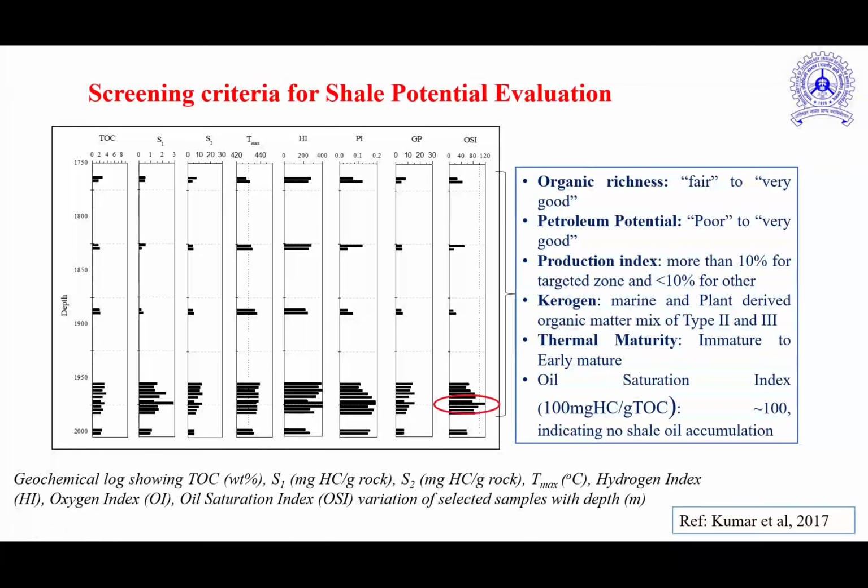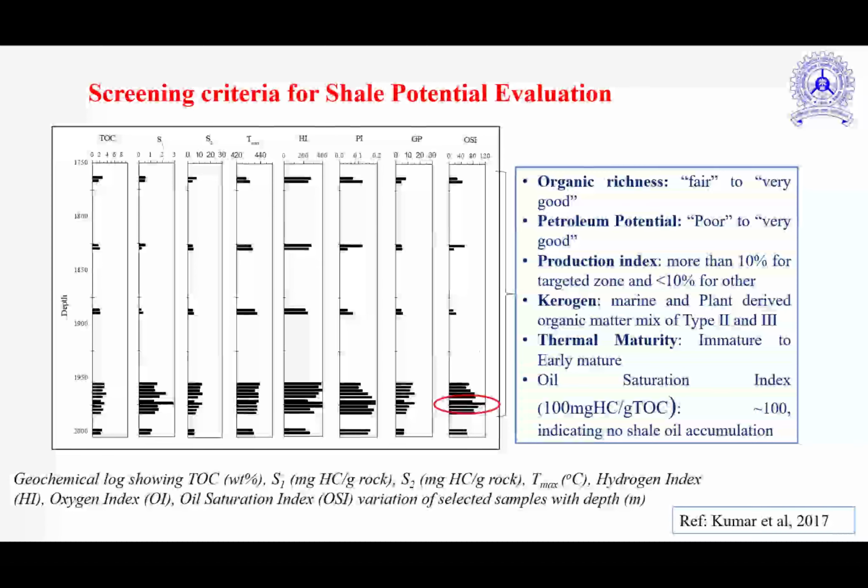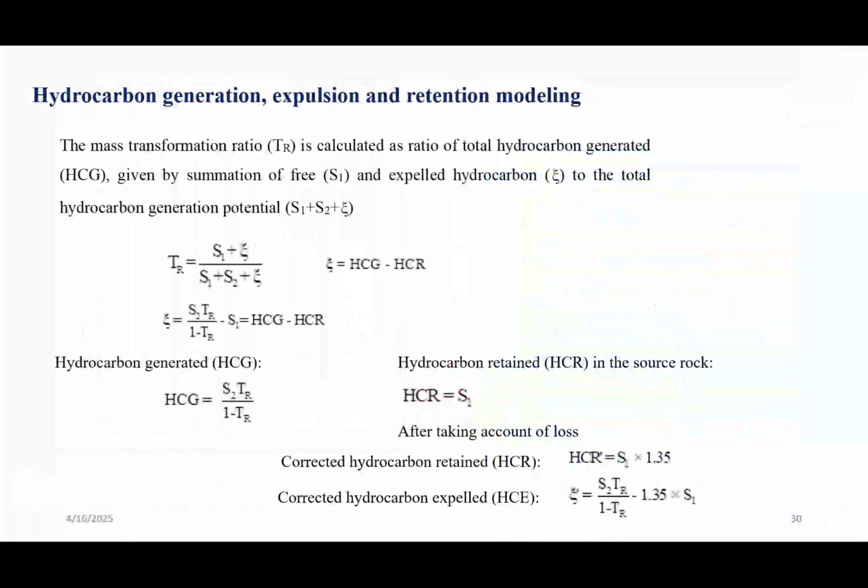We'll not move further. Once we have this one, we determine how much oil or gas could be there per acre feet, so hydrocarbon initially in place. When you are determining S1 or S2, that is what is retained there. But some of the oil or gas is already expelled.